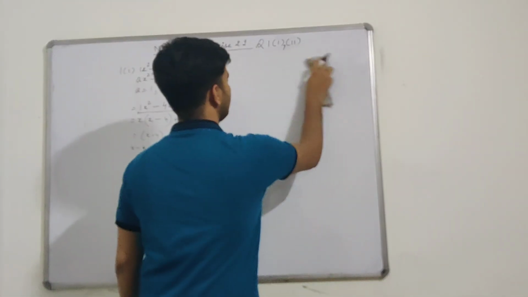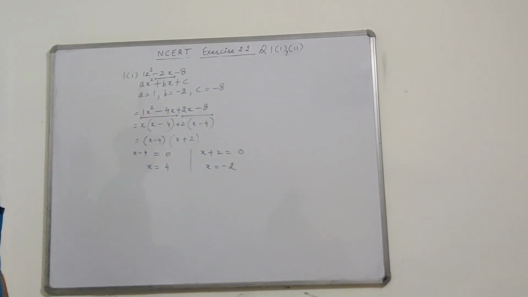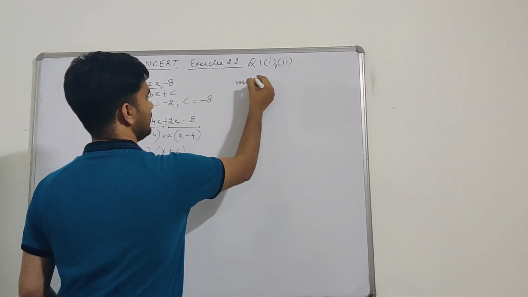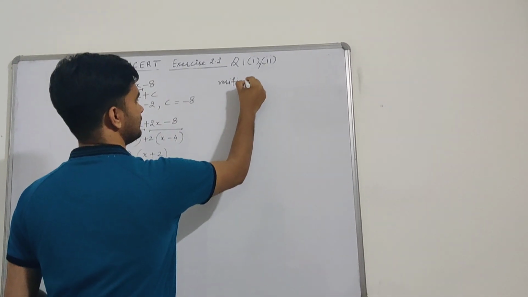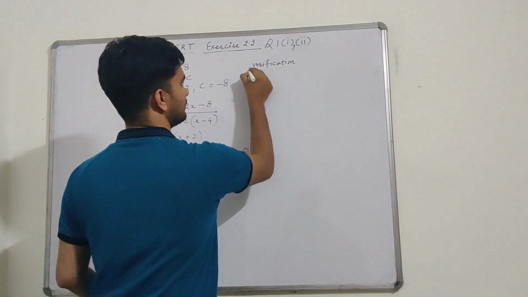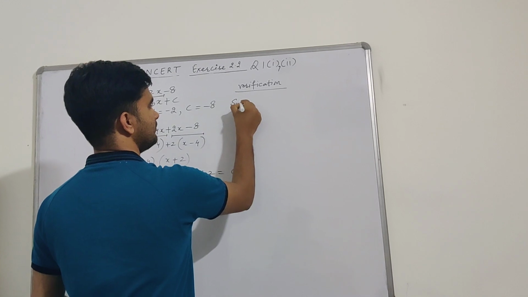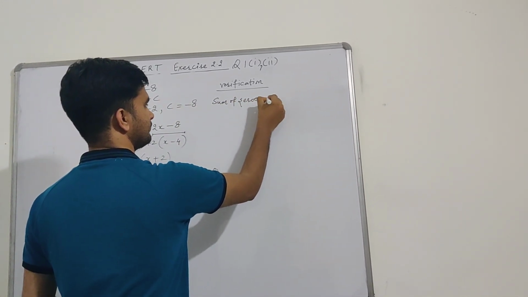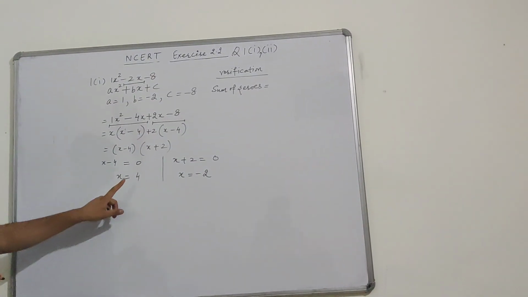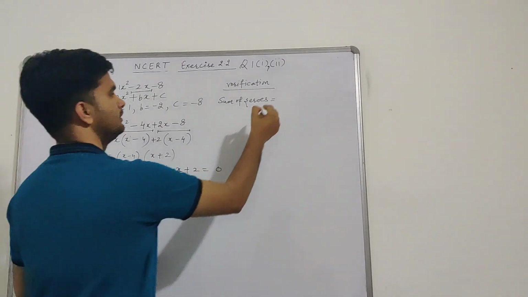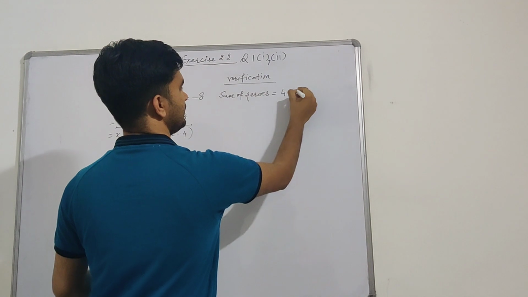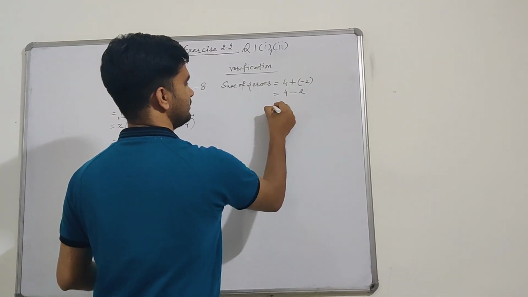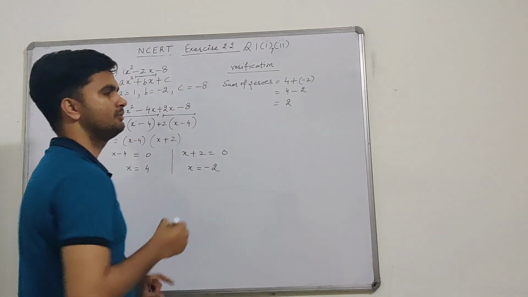Then the next part of this question is verification. How can we verify? See, sum of zeros. Here the zeros are 4 and minus 2, so 4 plus minus 2, 4 minus 2 is equal to 2.